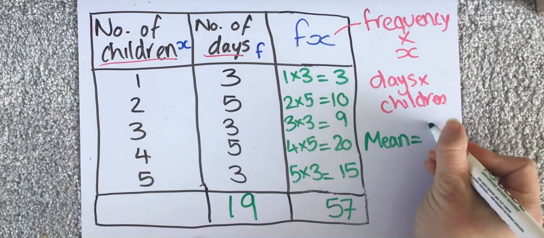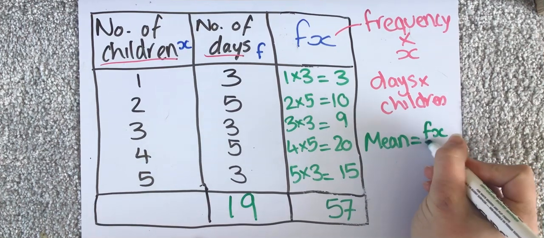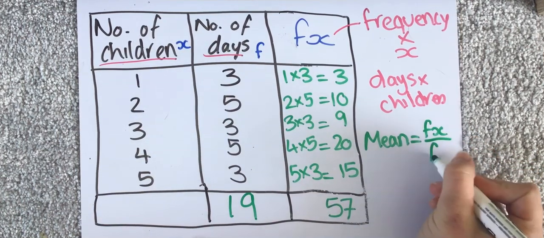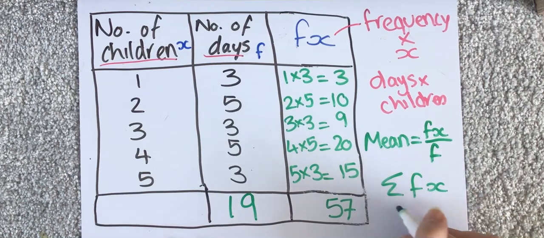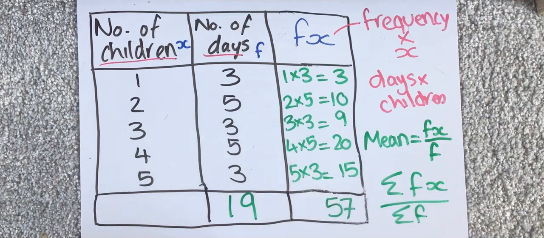Now to work out the mean, I am going to do the total of fx over the total of f. You'll sometimes see this written as the sum of fx over the sum of f. As long as you know to divide that by that, that's what you need to know.